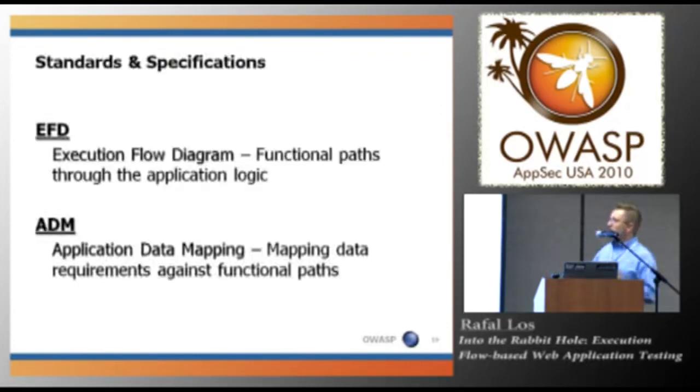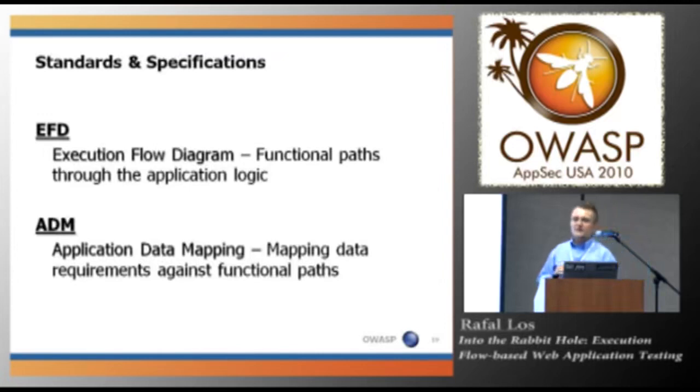So standards and specifications, I'm working on these types of specs, an EFD and an ADM, and I started the frameworks for these already. I'm just kind of running out of time. I wanted to have them mostly done by today. Unfortunately, it didn't happen. The execution flow diagram is a functional path through the application logic. And so there will be many functional paths through the application logic, potentially hundreds, maybe thousands.